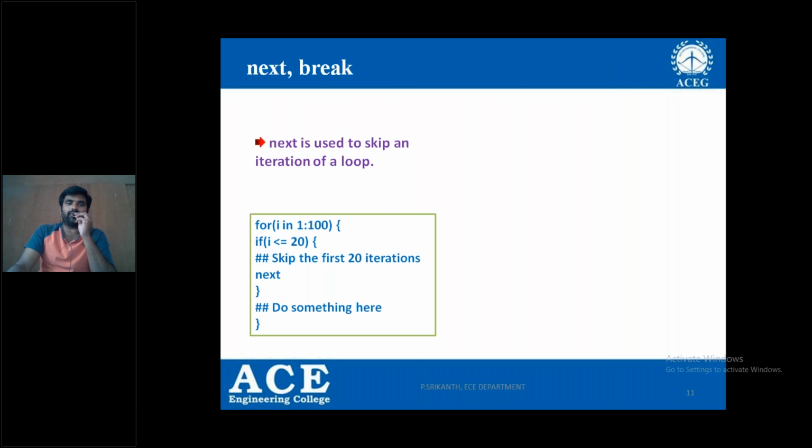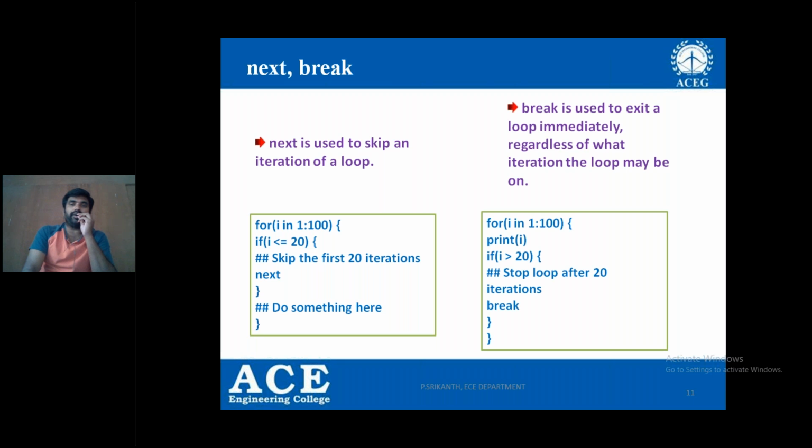If I is less than or equal to 20, it is asking the code to skip that iteration. Right? Break. Break is used to exit the loop immediately. You know about next and break in the C language. The similar way you can use next and break in the R language.